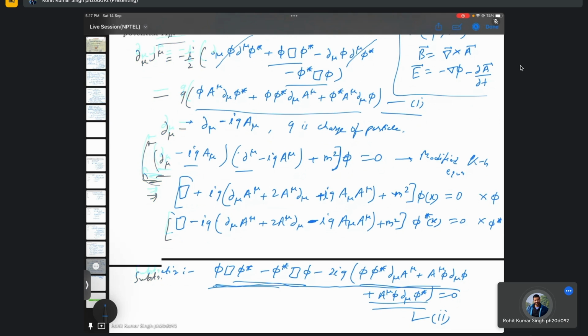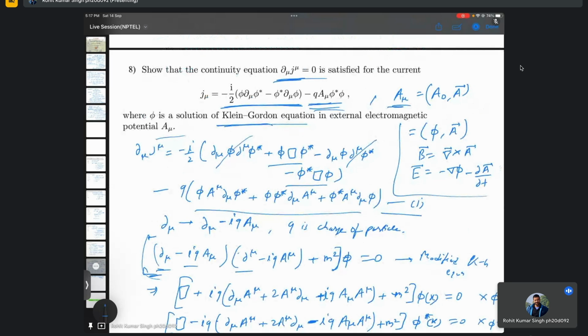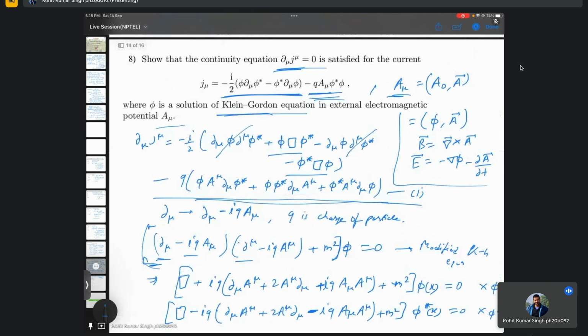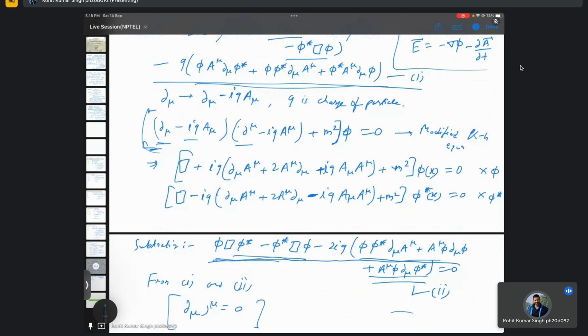So that means this whole equation is 0, and so we can write del mu j mu is equal to 0 from 1 and 2. So again we see that the continuity equation holds when we have the probability current defined like this for a particle in an electromagnetic field.